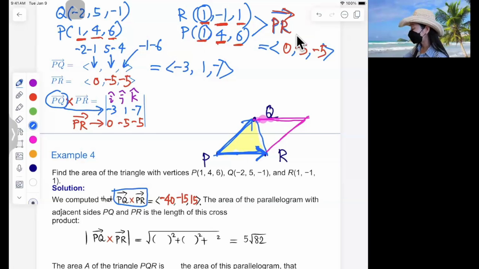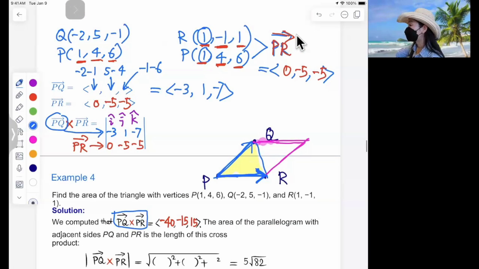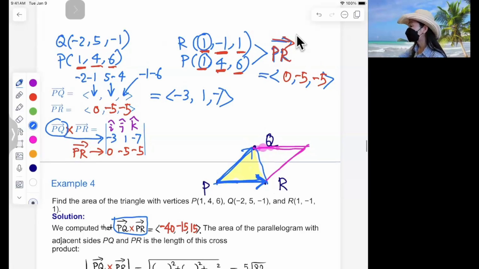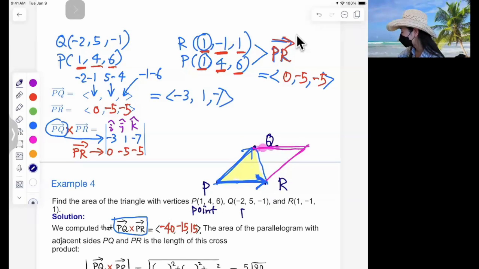Remember when you know the starting point and the ending point of the vector, you use the component of the ending point, subtract the component of the starting point. I thought we were given the vectors. Yeah, those are the points.